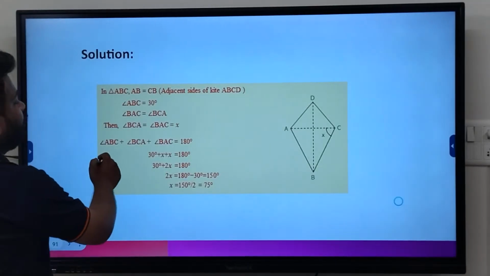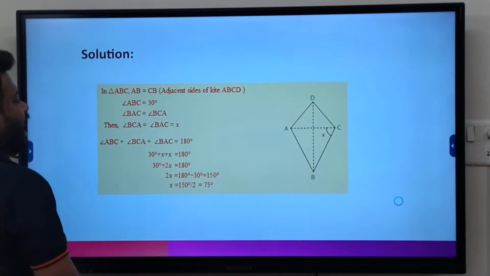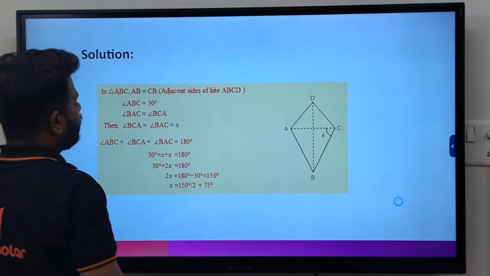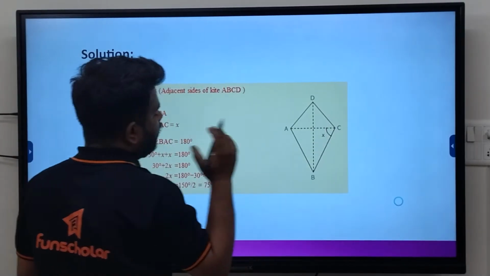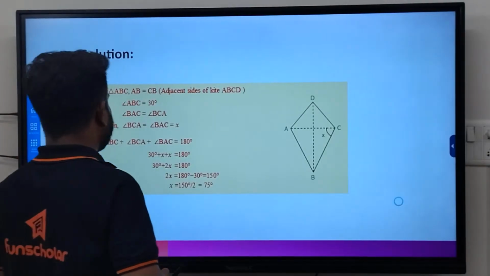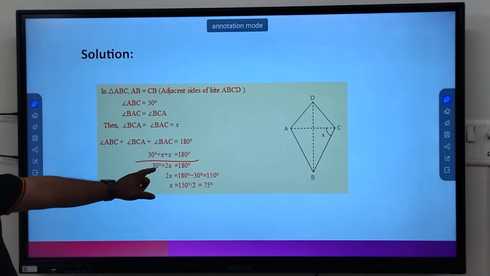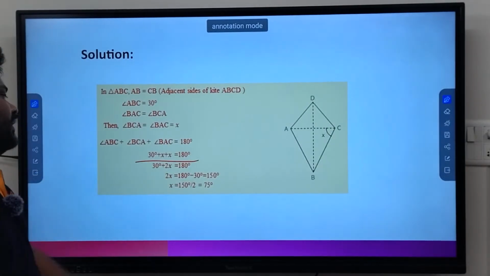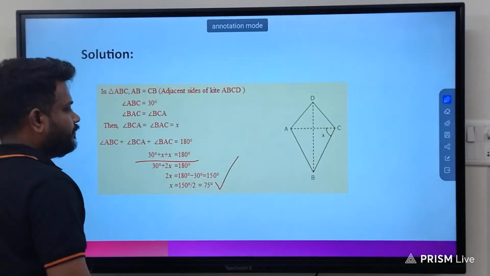They are making a triangle, right? And from the angle sum property, the sum of all the angles of a triangle is 180 degrees. So 30 plus 2x equals 180, and from this we can say that X is 75.